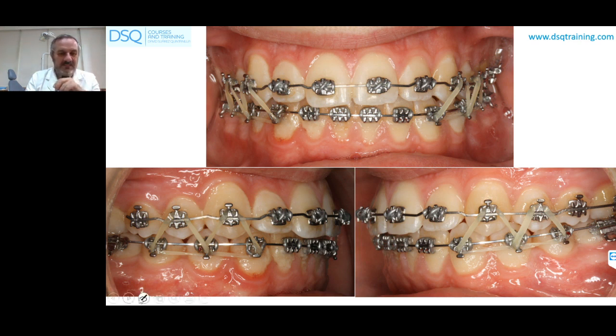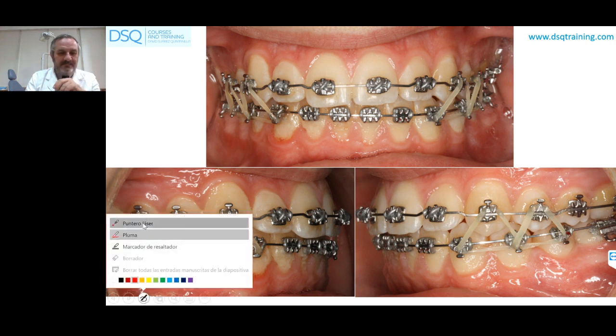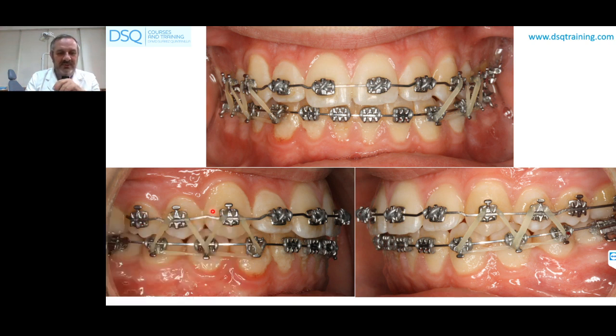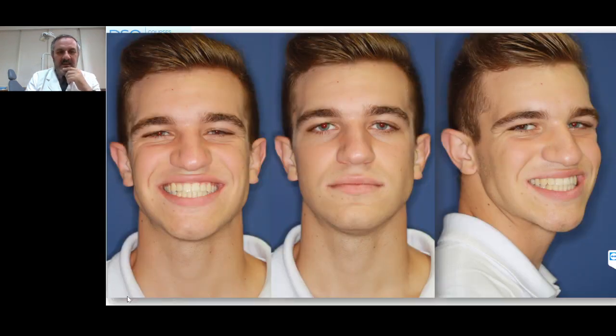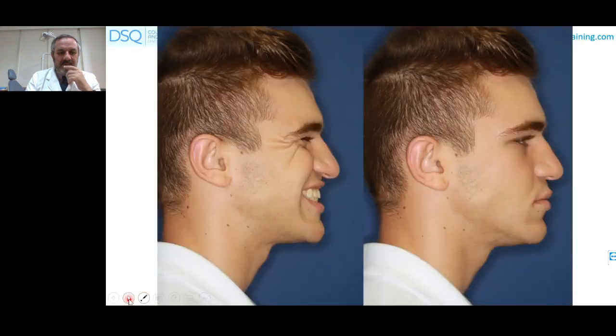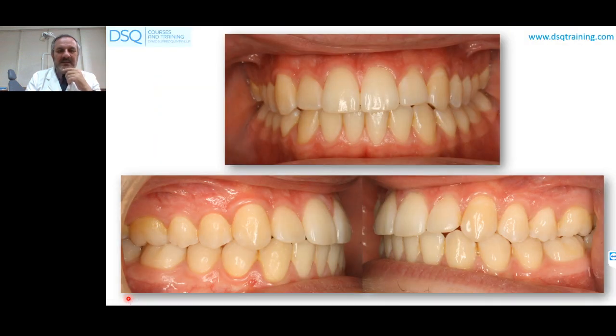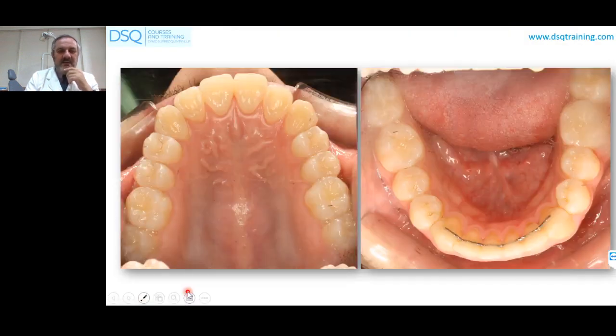Bending the wire in this part for the extrusion of the canine, to adjust the proper situation of the lateral incisor, ligate the upper teeth with a ligature, and the elastic to engage the occlusion. And at the end of the treatment, you can see the patient years after the treatment.